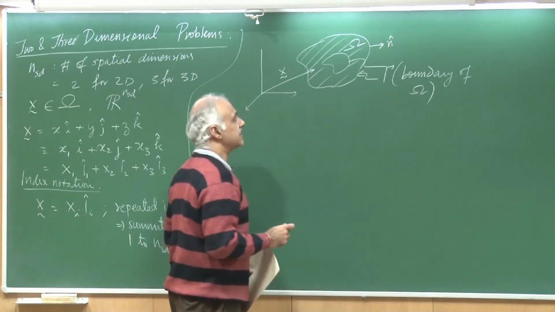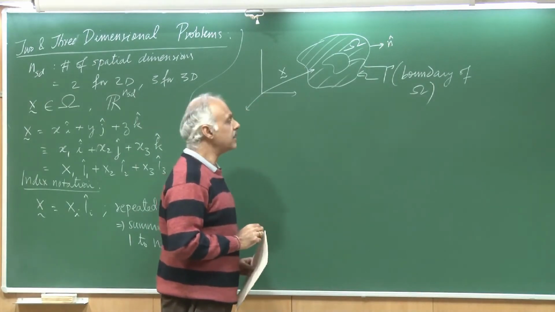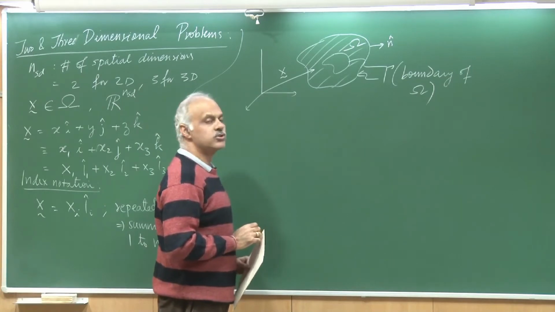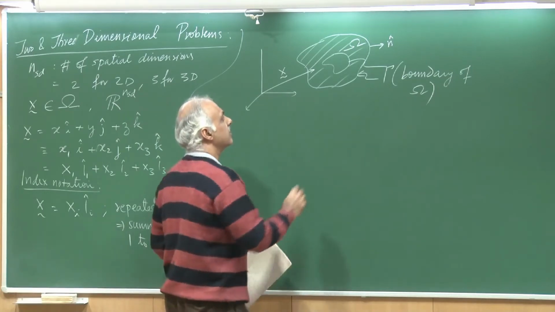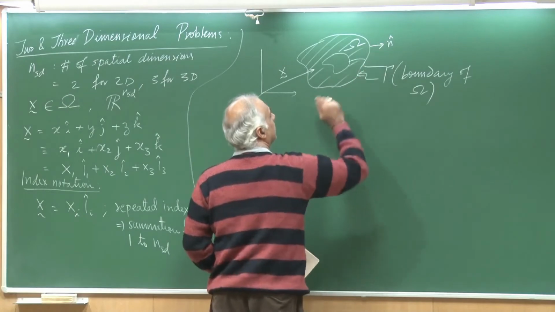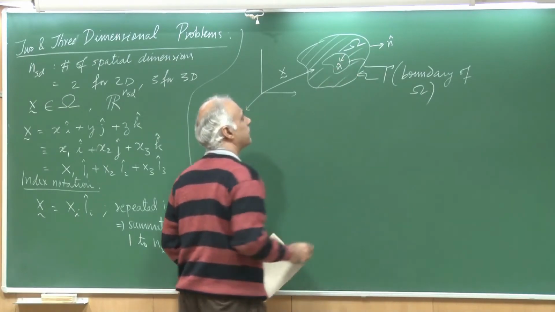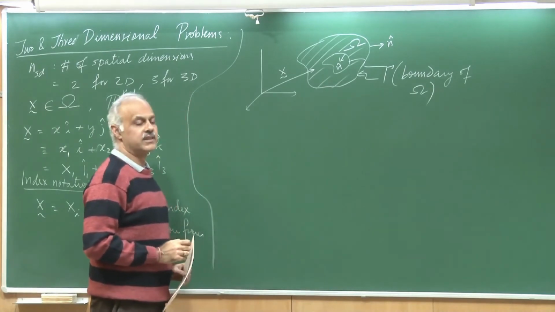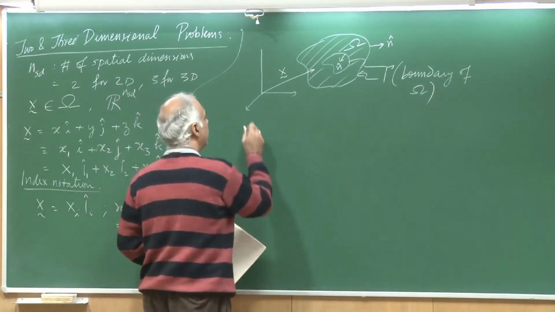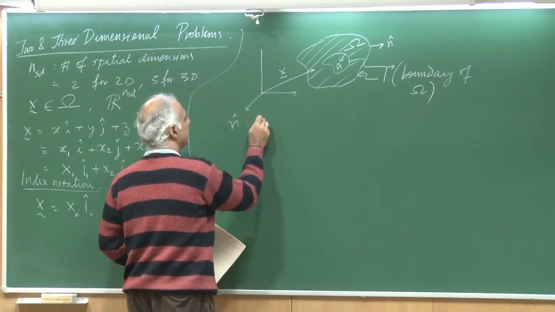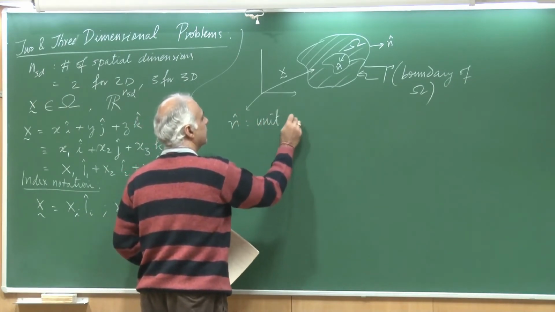So the convention is that n is a unit normal that is pointing outside the domain. So for the outer boundary it points like this, and perhaps for an inner boundary it points inward as shown here.